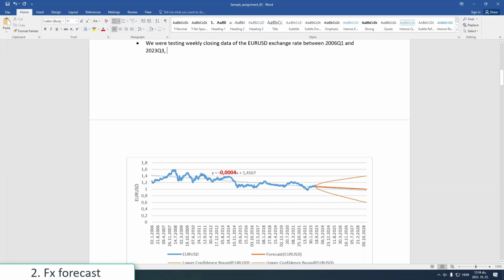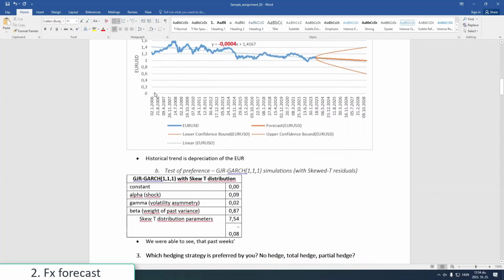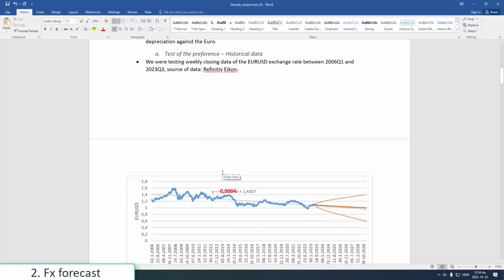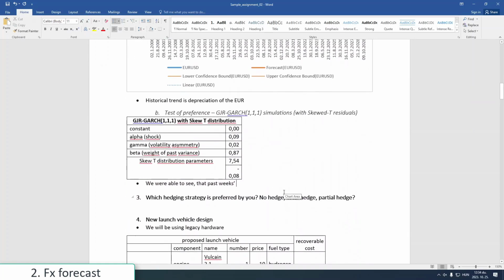Okay. Now everybody will be happy, because there is also the data source, and now we can see the past weeks. So now we know that this is weekly data, because we defined this here. And past weeks' volatility had 78% influence on this week's volatility. We know it because this is the number here.